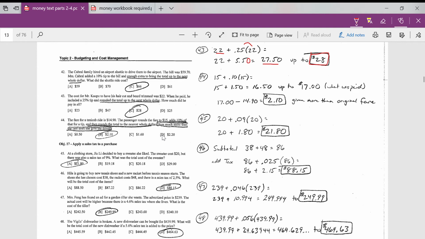So let's first just figure out how much she gives the driver. It says the passenger rounds the fare to 15. So they're saying, okay, this costs about 15. They're going to give a 10% tip. So 10% of 15, we're going to add that much on. Order of operations says we have to multiply these first. So 0.10 times 15 gives us $1.50.